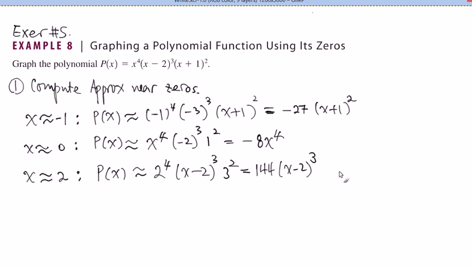So approximation at around -1, we got the square with coefficient -27, right? Around 0, there's a fourth power of that 0 factor, coefficient -8. Around x equals 2, it's 144 times the cubic power. Any question about this calculation?